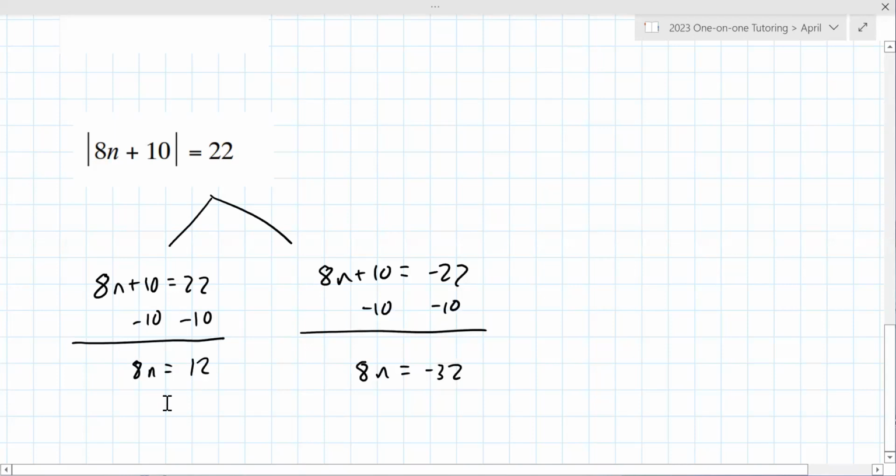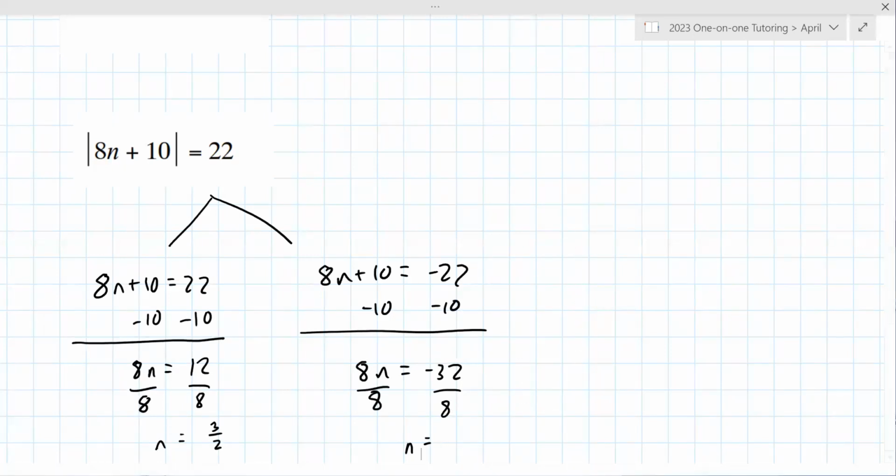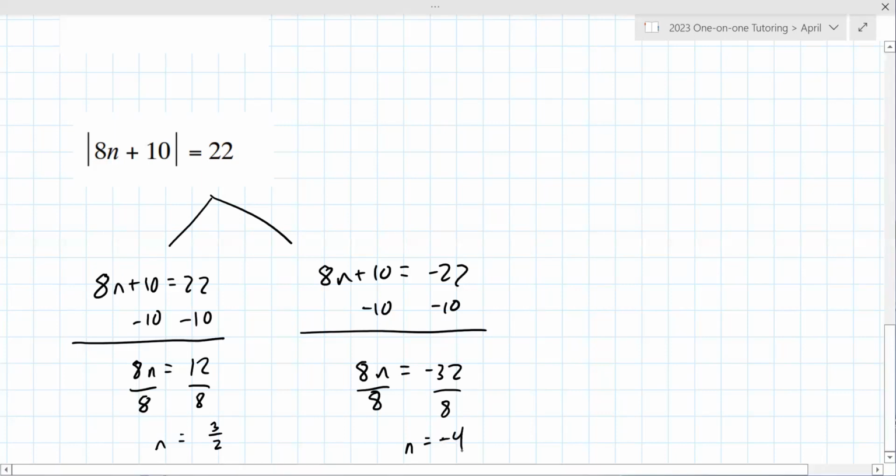Yeah, I have that. Now on the left, when you divide by 8, I agree with what you said: n equals 3/2. On the right though, this divides evenly. Oh, is that just -4? Yes, -4. Oh, I don't know why I made that mistake. That's 8, 16, 24, 32.